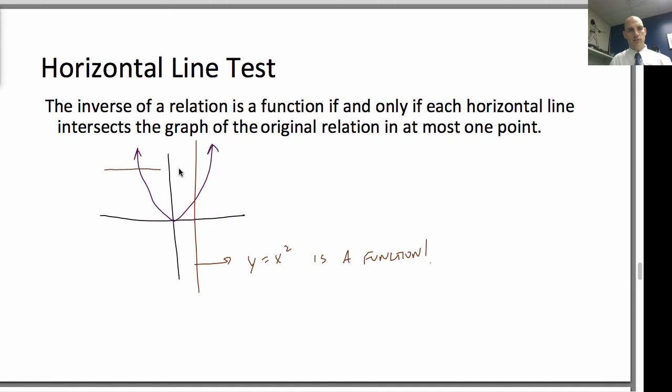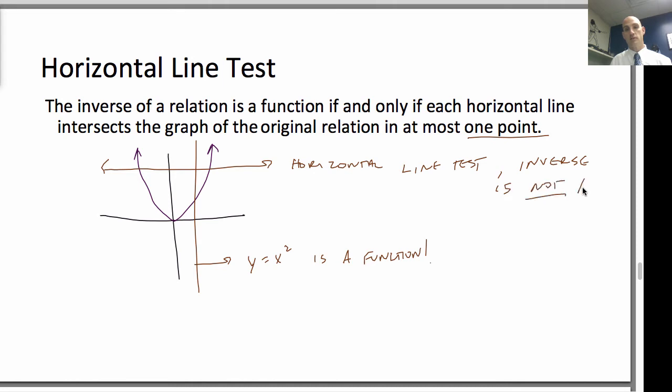The inverse, meaning the horizontal line test, tells me the inverse of a relation is a function if and only if each horizontal line intersects the graph of the original relation at most one point. So horizontal line test, the inverse is not a function.